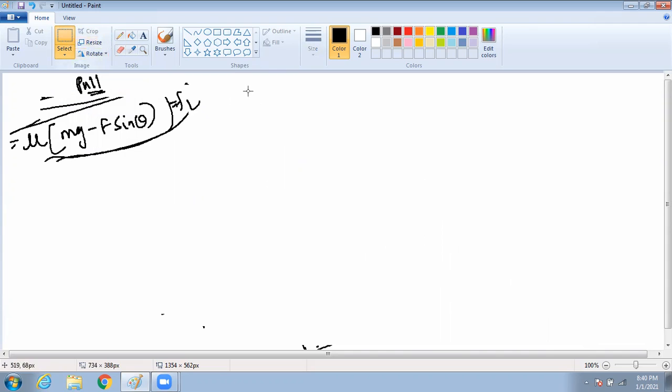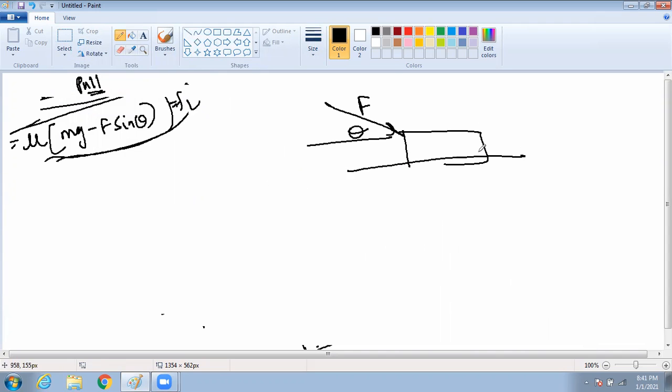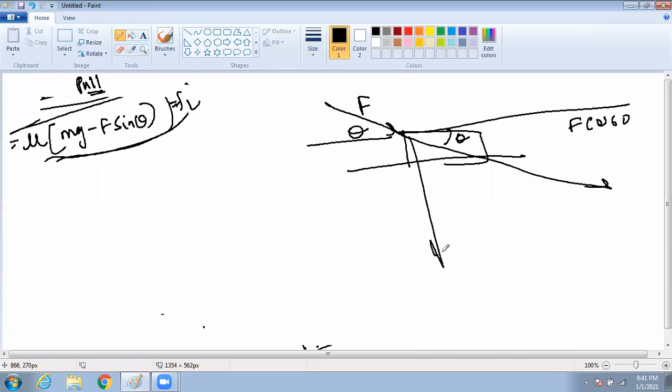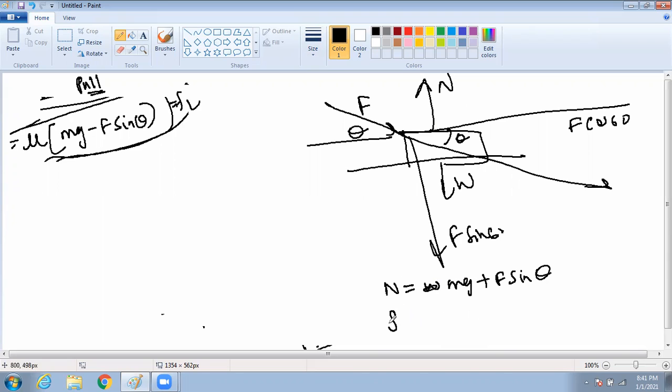Same, so now we will take again an object. We will try to push it with F. It will make an angle theta, so this also will be theta. So here it will be F cos theta, downward will be F sin theta, downward will have a weight, upward will have an N. So now your N will be equal to mg plus F sin theta, and your FL equals F cos theta.